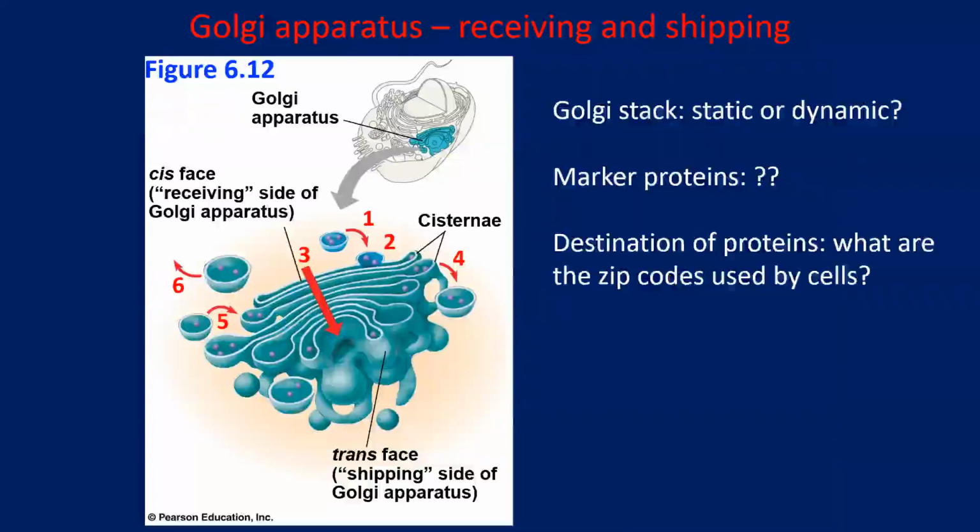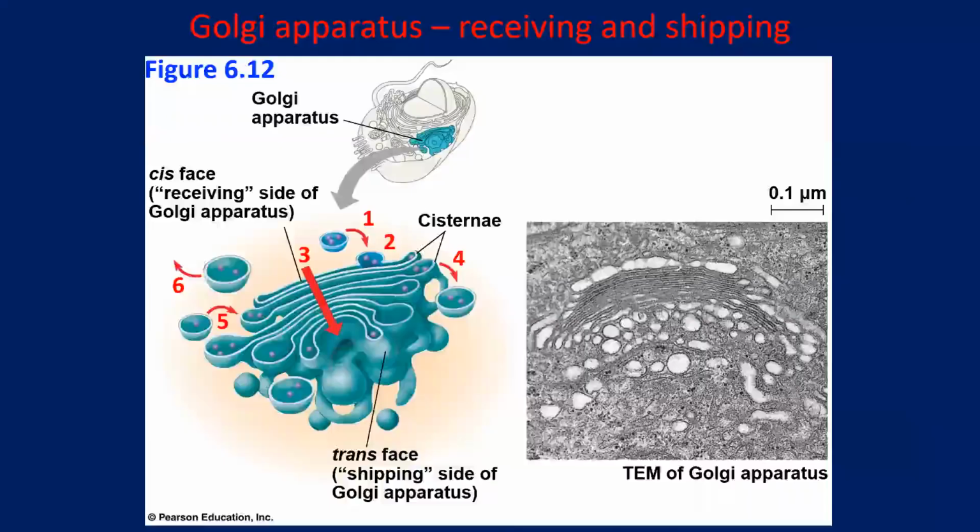In the initial days, it was thought that... before going to this, I want to discuss two things over here. There are vesicles, and you can see these vesicles over here, and they can move from the endoplasmic reticulum to the Golgi apparatus.